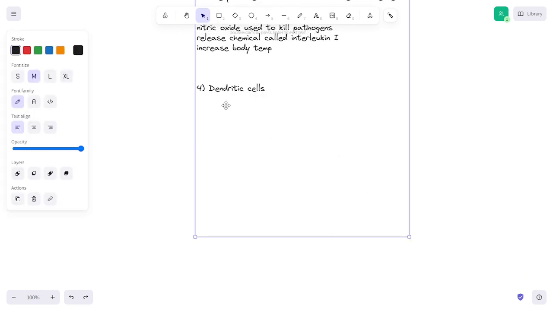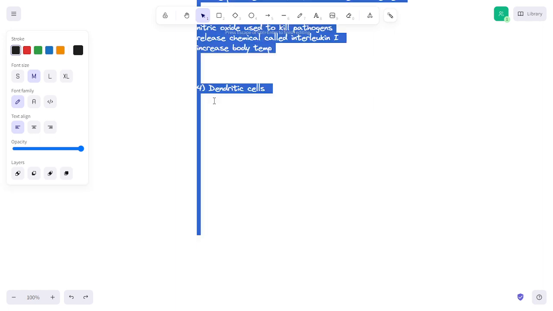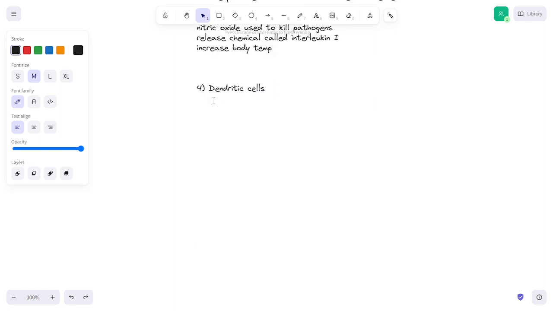Dendritic cells are also a type of white blood cell, and they perform the same function as macrophages: they present antigens of phagocytized pathogens to T cells, and hence are called antigen presenting cells.